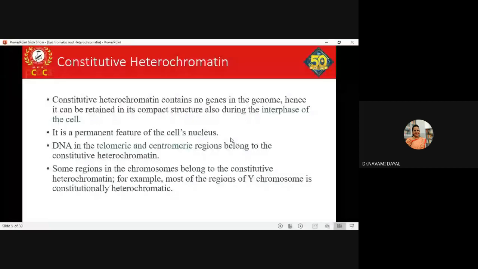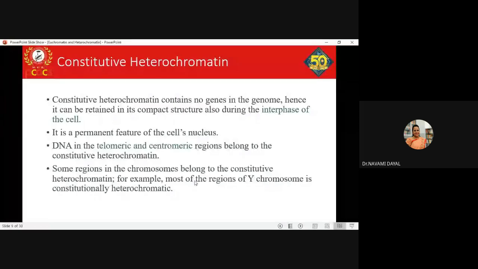DNA in the telomeric and centromeric regions belong to the constitutive heterochromatin. So they do not actually code for any genes. Examples of such regions are your telomeric ends and your centromeric regions.